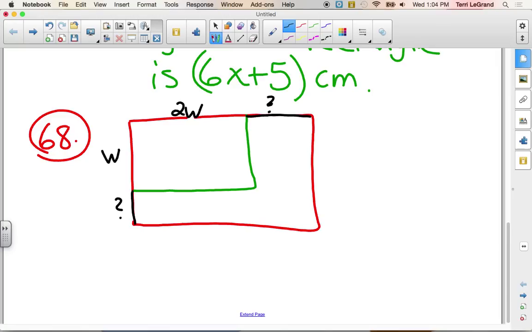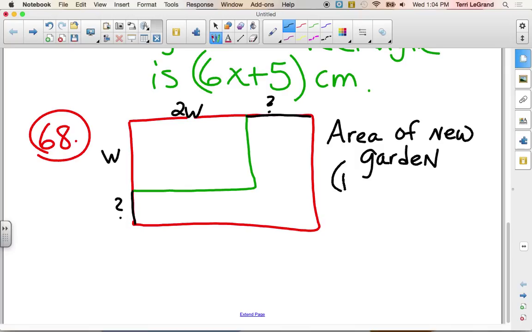What other kind of information do they give us? The area of what? The original garden or the new garden? New garden. That's important that we know which one, right? So the area of the new garden, which would be the bigger rectangle, right? That's the newer one.